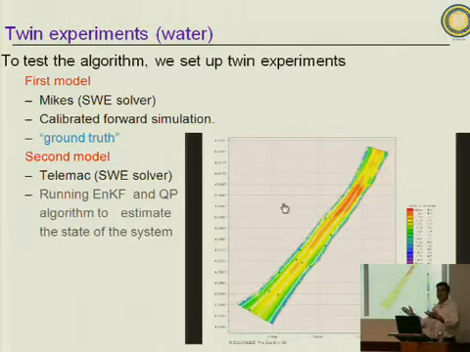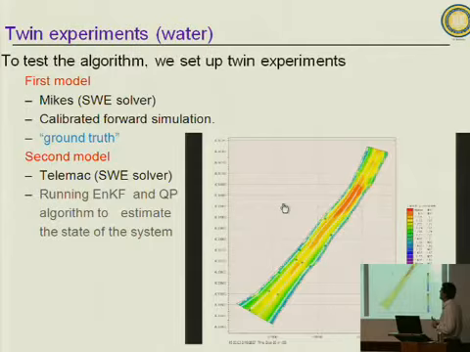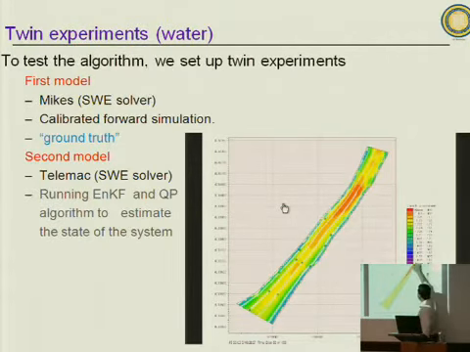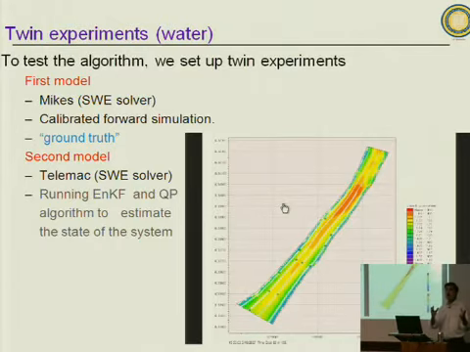In that case, we use MIKES, which is one of the most acknowledged 2D shallow water solvers that is available commercially. And MIKES has a very nice feature, which is that you can actually simulate Lagrangian trajectories of drifters inside the software. And that gives you a ground truth. Not only do you know the trajectories, but you also know the velocity field everywhere.